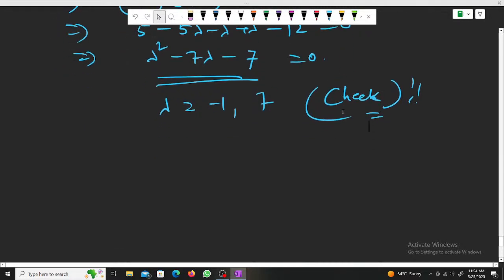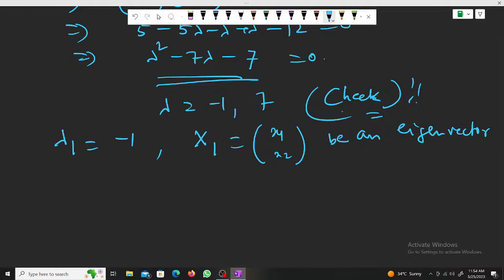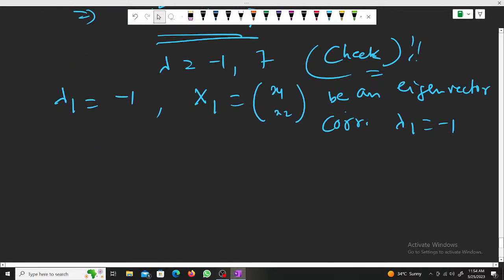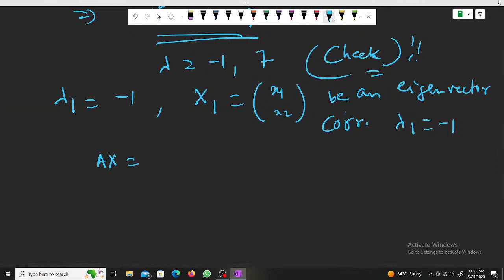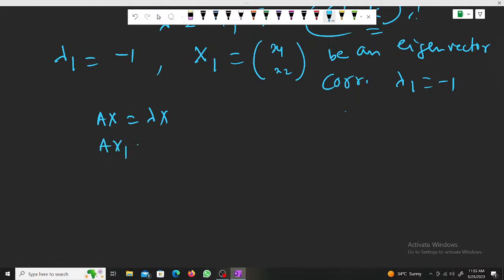Now we give the names lambda 1 and lambda 2. Suppose I take lambda 1 equal to -1. Suppose corresponding to this lambda 1 I take the eigenvector x1, x2 to be an eigenvector corresponding to the eigenvalue lambda 1 equal to -1. By the definition of the eigenvalue, A x equals lambda x; here I consider A x1 equal to lambda 1, which is -1, into x1.